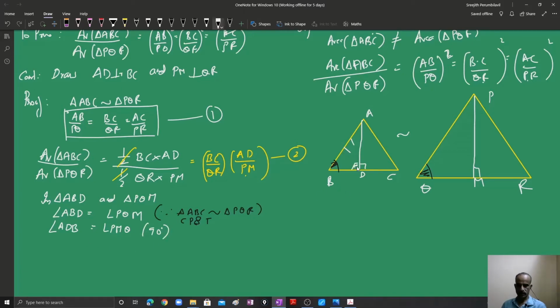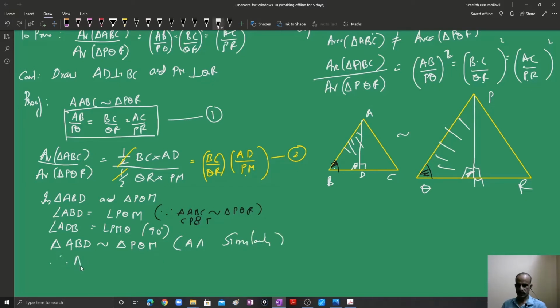These two angles are also equal. That means triangle ABD is similar to triangle PQM, by AA similarity.